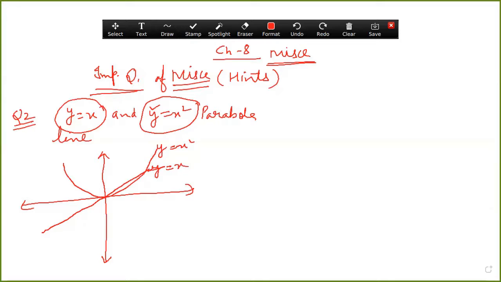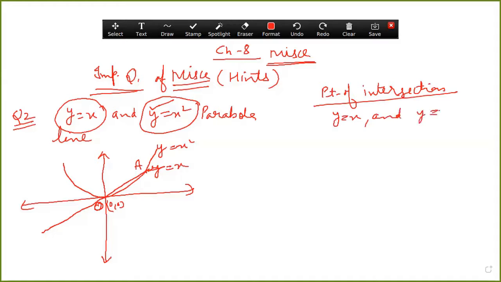Now, first of all, you must know what is this intersection point A and O. O is the origin. So intersection point 1, you know that is origin 0, 0. Second point of intersection you will get after solving the equation of parabola and equation of line. You can get by solving y is equal to x and y is equal to x square.